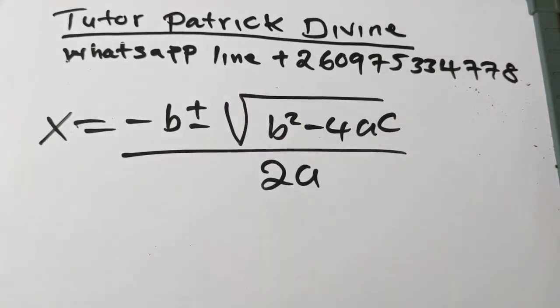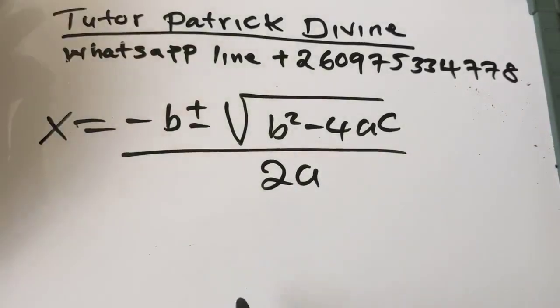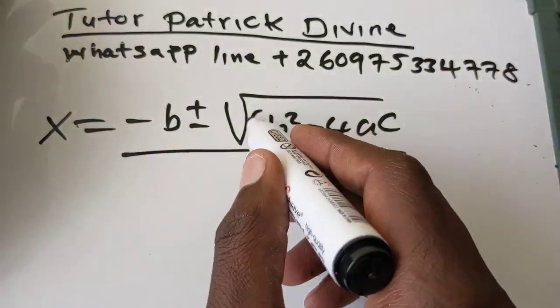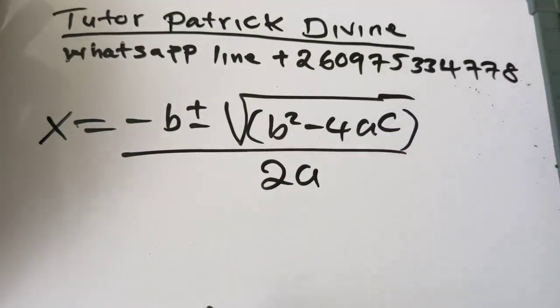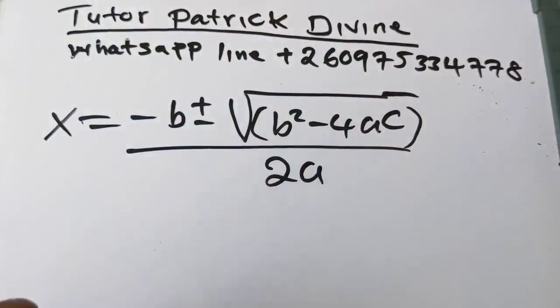This is the formula for the quadratic equation. We call it the formula method. So we use this same formula to derive the sum of alpha and beta and the product of alpha and beta. Let's use this formula.